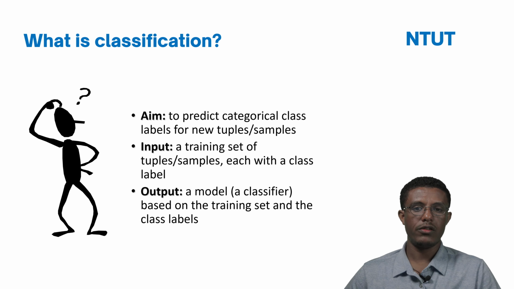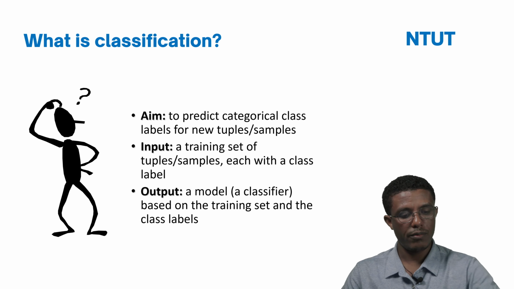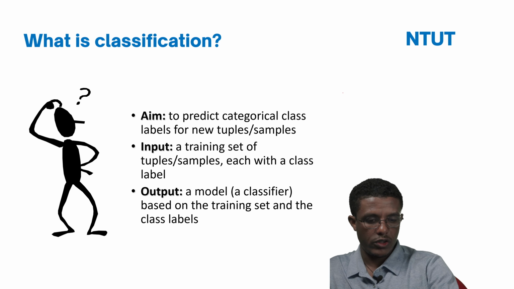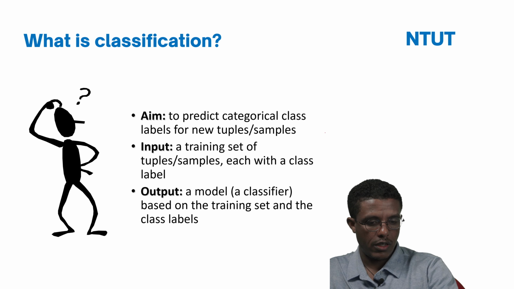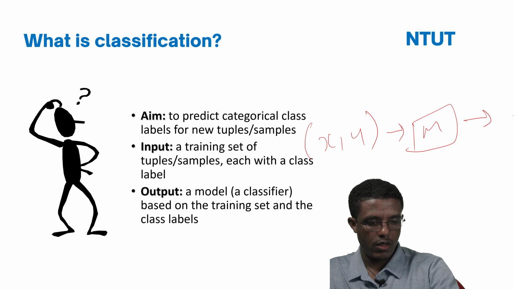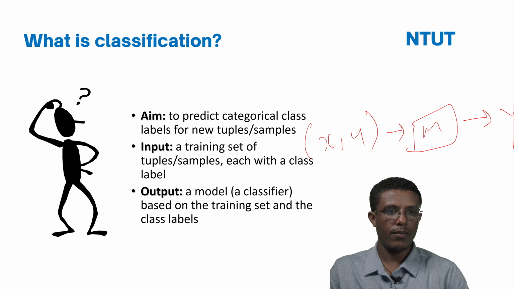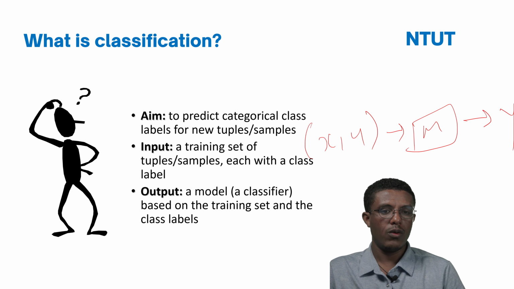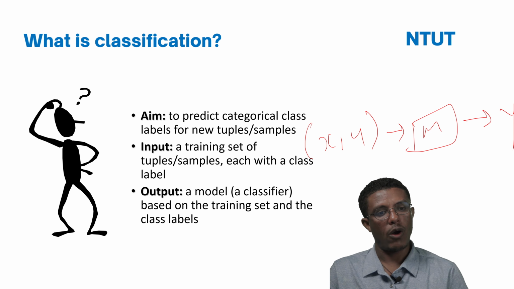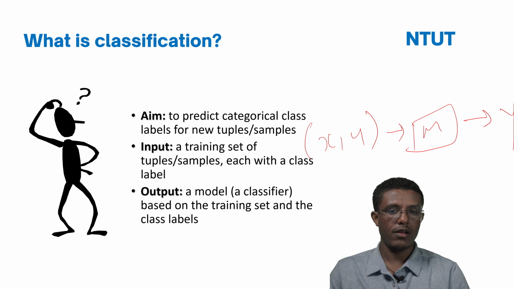The output is a model or a classifier based on the training set and the class labels. For example, we have x and y given to the model, and the output is the classifier.